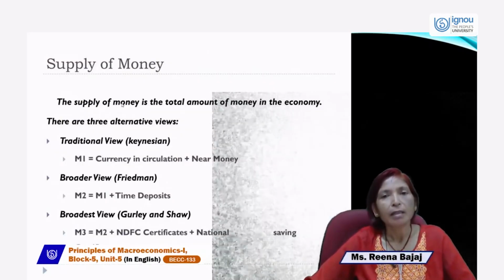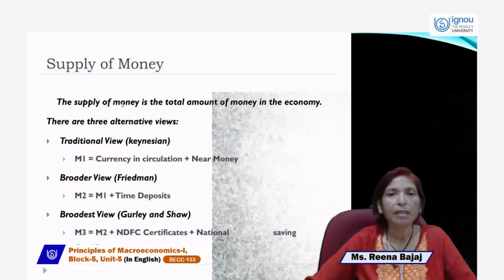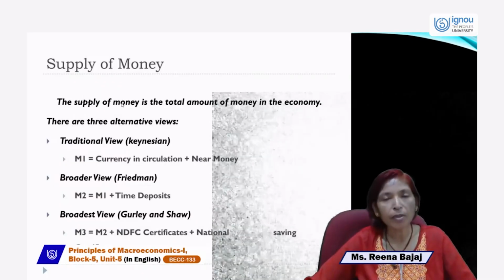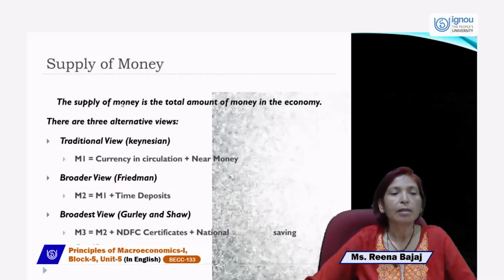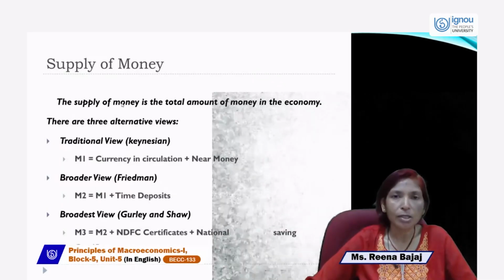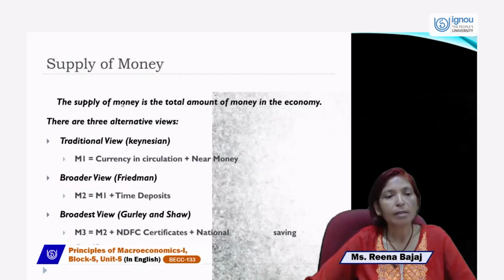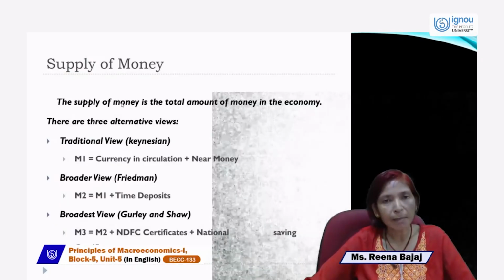But we can define and measure money supply in four ways: M1, M2, M3, M4. The first view, known as the traditional view, defined by Keynesian economics, is M1, which gives a narrow definition of money supply.